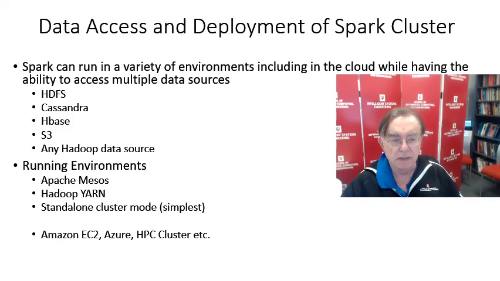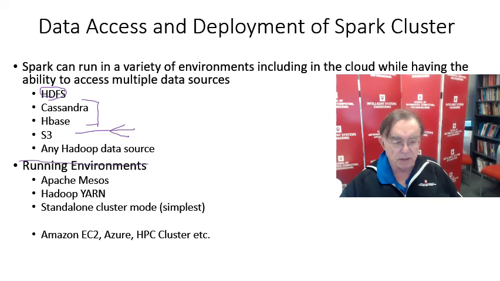All right, we want to look a little bit about data, and here we have a little discussion about it. We can of course run Spark on top of different data systems, HDFS, NoSQL databases, object stores, or anything that Hadoop supports. And then we can also use different schedulers.